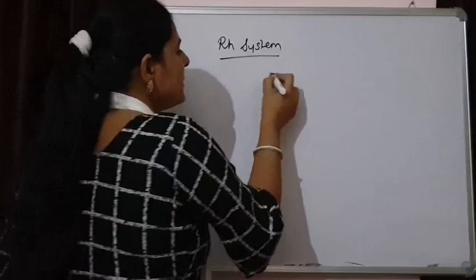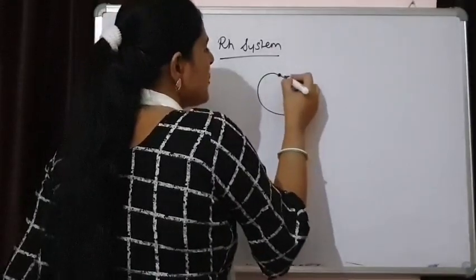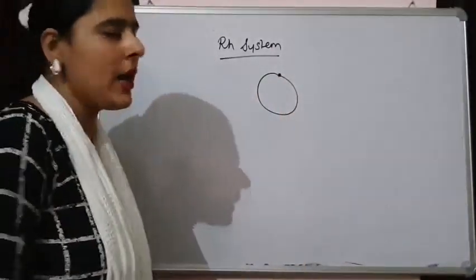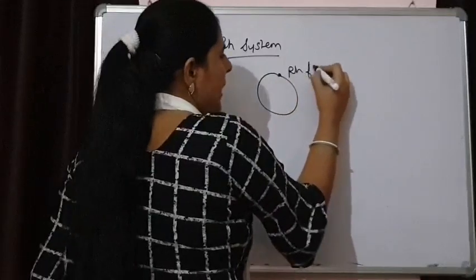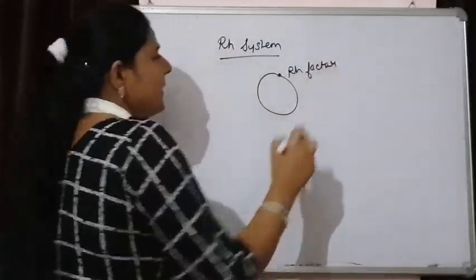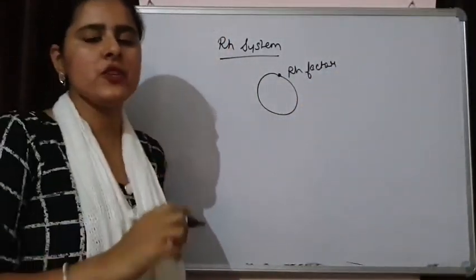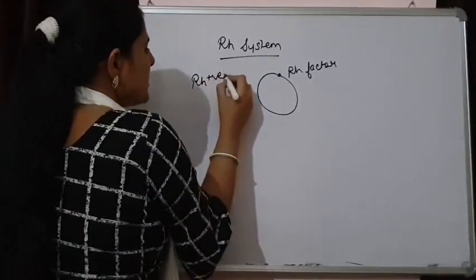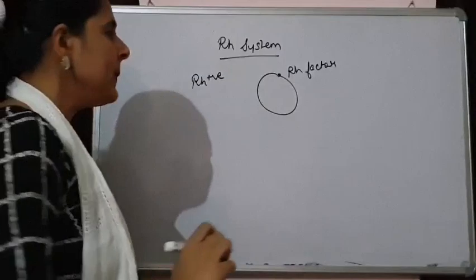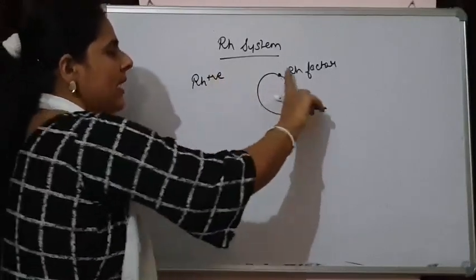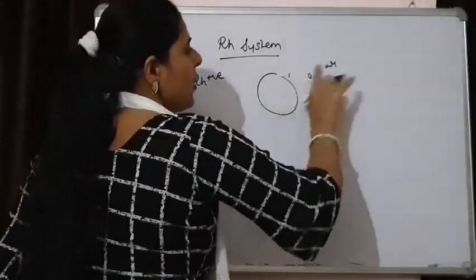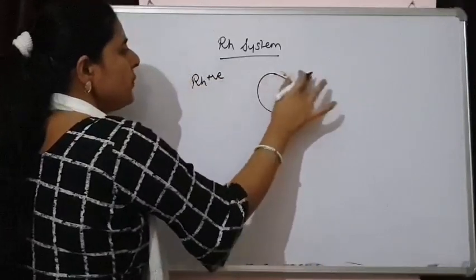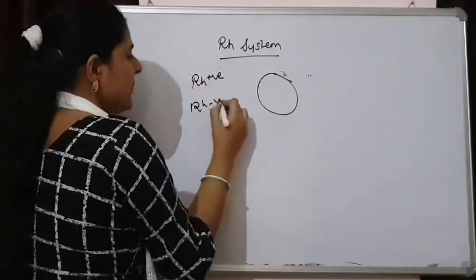This is just like the antigens, and it is also present on the surface of RBCs. So an individual having this Rh factor on the RBC is known as Rh positive, and if an individual does not have this Rh factor on the RBC, the individual is known as Rh negative.